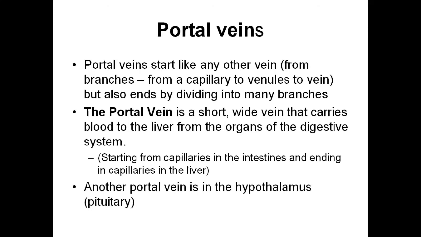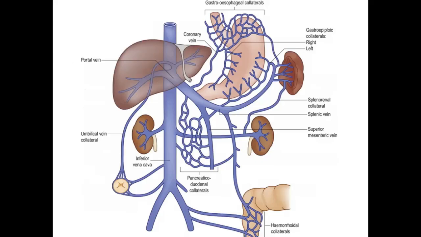Another example of a portal vein is in the hypothalamus and the pituitary, but the one you need to know about is this portal vein.